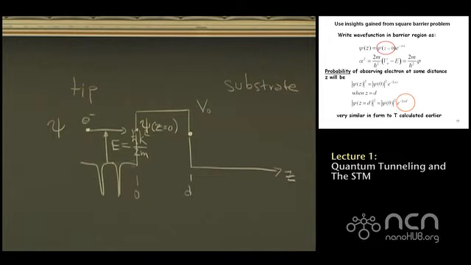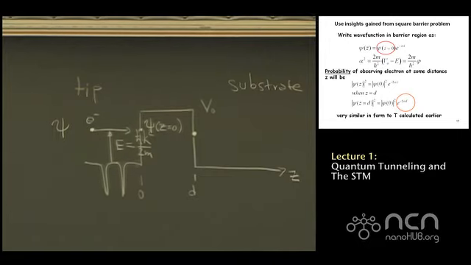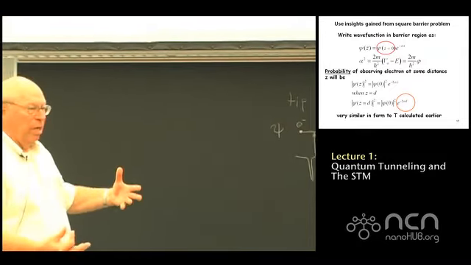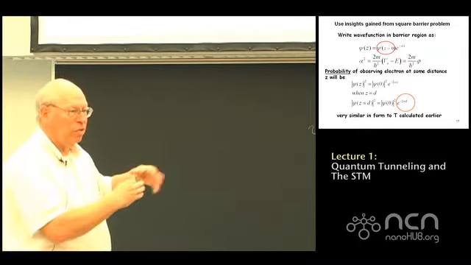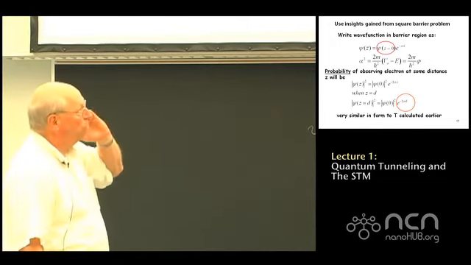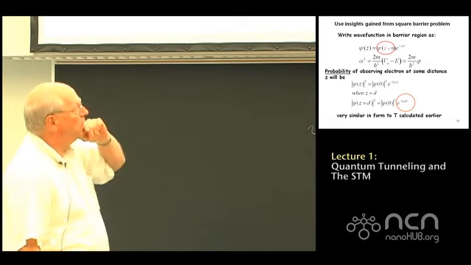So that's this e to the minus alpha z. This parameter alpha is exactly the same parameter that we developed when we were discussing transmission through the simple square barrier. The definition for alpha is indicated on this slide.